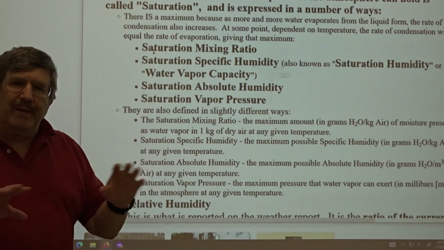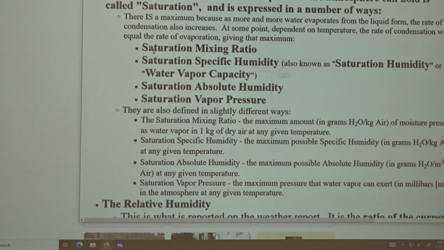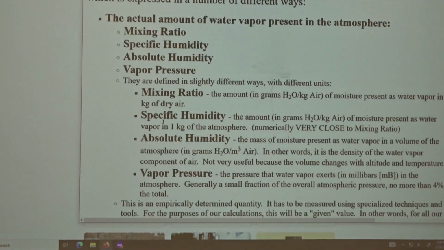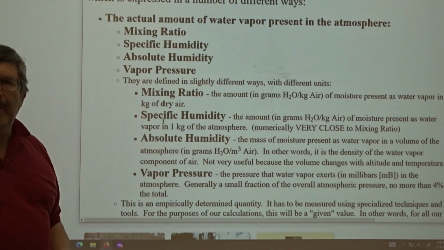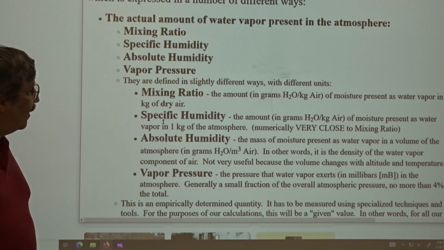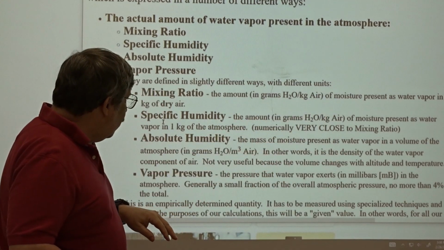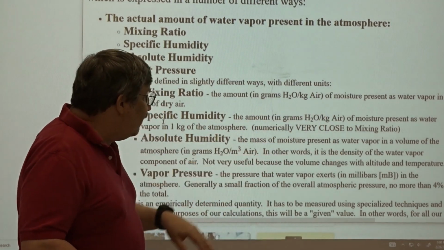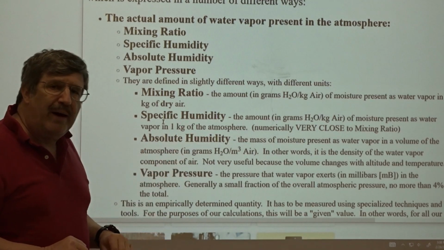Now, how do we get these things? Well, the actual amount, which again is this right here, these have to be measured. You have to measure the actual grams of water present in the atmosphere in various volumes, either in kilograms of air or in cubic meters of air. You can measure in pressure. It doesn't matter how you do it.